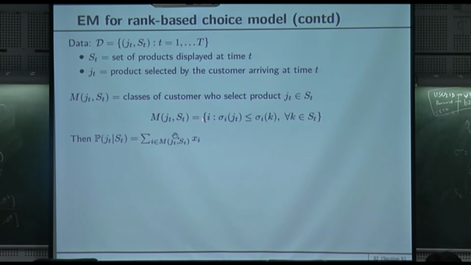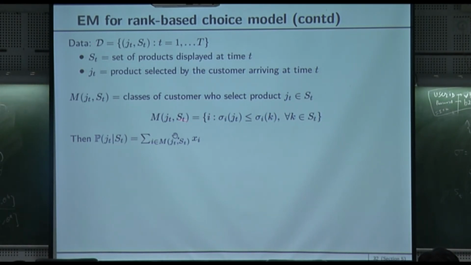I'm looking at all possible classes I, for which the sigma corresponding to that particular class will put product JT before K for all possible K in the set ST. And this is an inequality, therefore JT will also be okay here. For all possible products that I have shown, this one is the best. JT is the best. Find me all such classes, call that the particular, this is the set of all classes that could have purchased the product JT from ST.